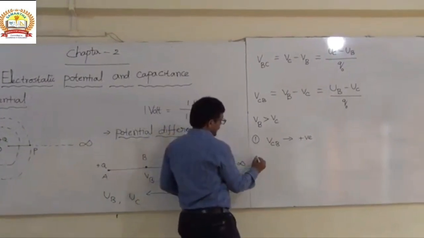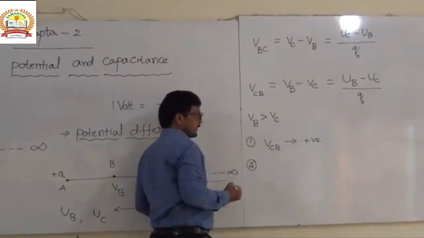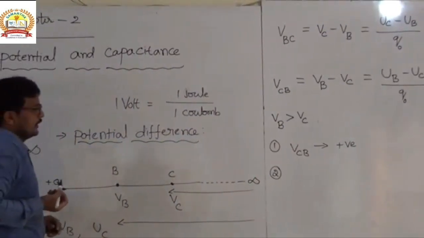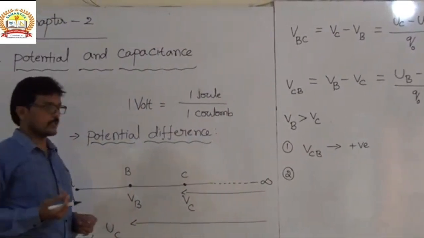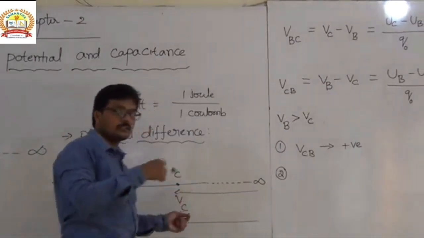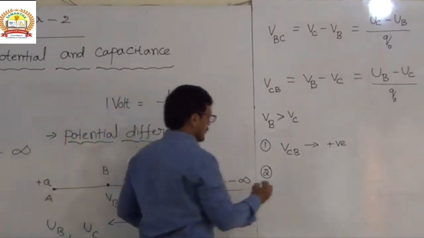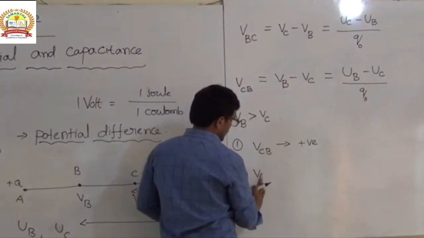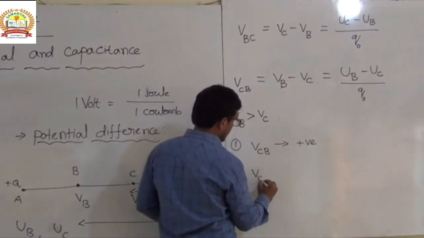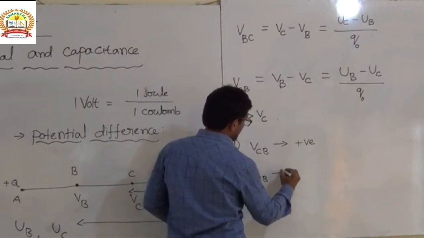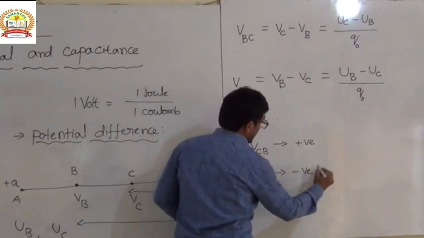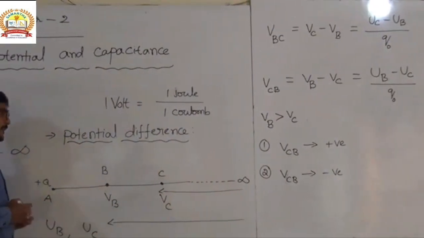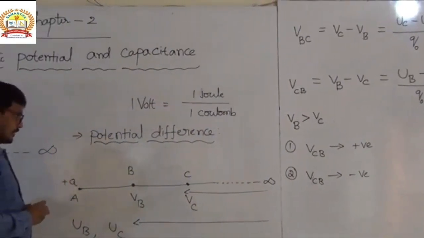When you take the charge along the same direction of the electric field, then the electric field is doing the work, so the potential difference VCB will be negative along the same direction.